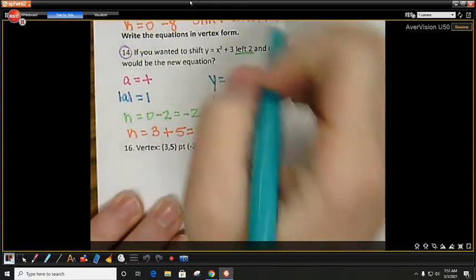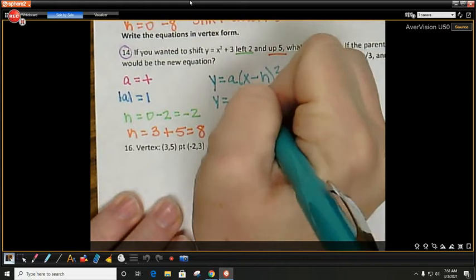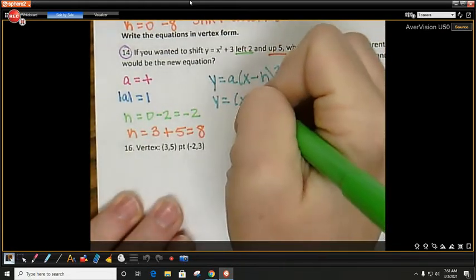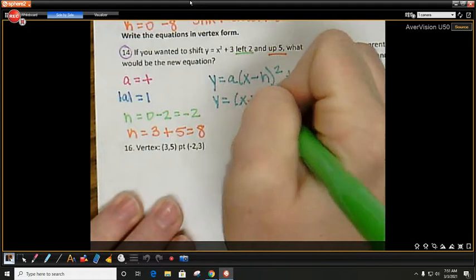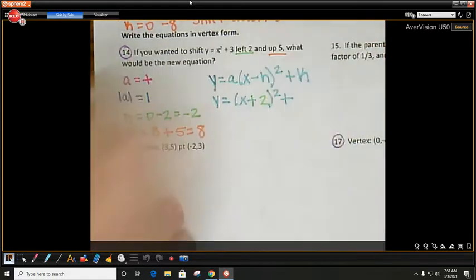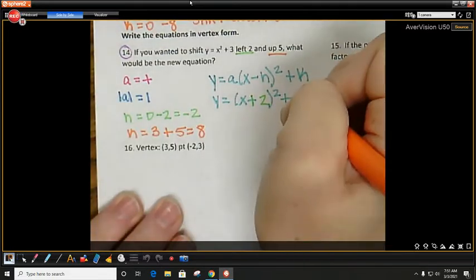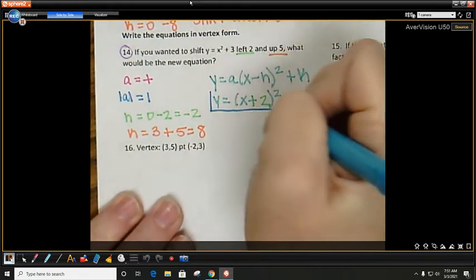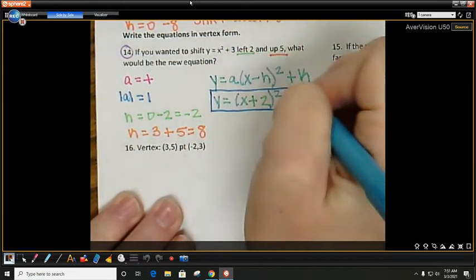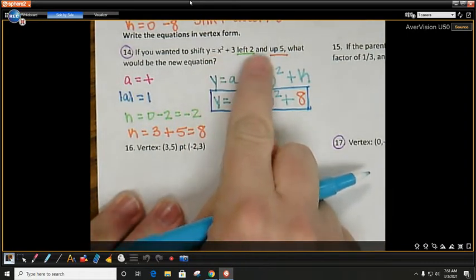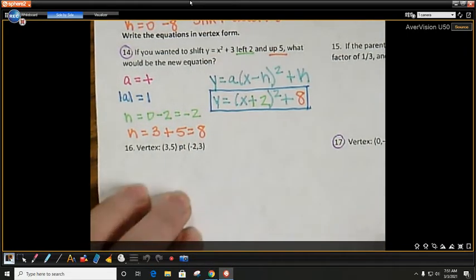You don't, so I'm not going to put it. Then I have x minus, my h is a negative 2. So a minus negative becomes a plus 2. Squared plus k, which k is 8. So this would be my new function if I transformed y equals x squared plus 3 by shifting it left 2 and up 5.